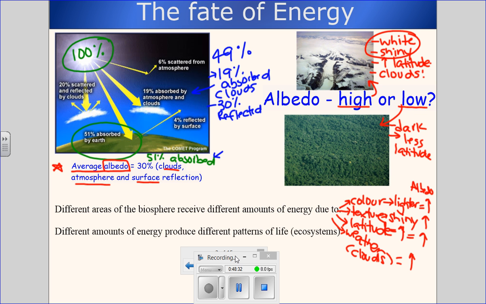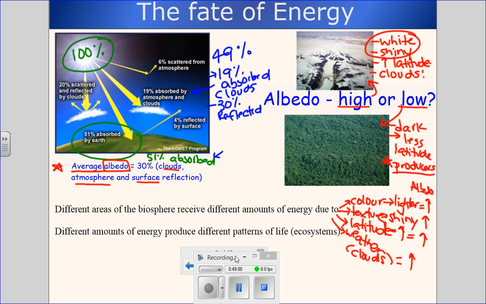The other thing that I would like to mention here is the idea of producers. Trees are going to do photosynthesis. Their job is to absorb sunlight. In an ecosystem where there are a ton of producers around, there are more things to physically absorb the sun's light, which means that there's a greater chance that it will be absorbed instead of reflected.